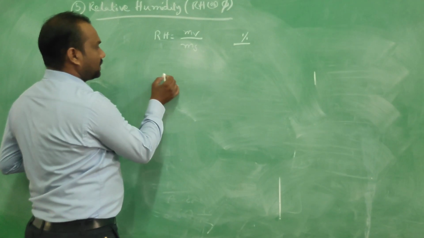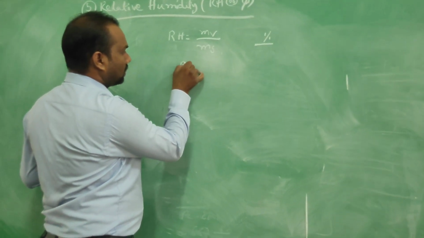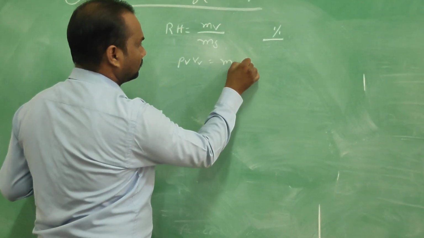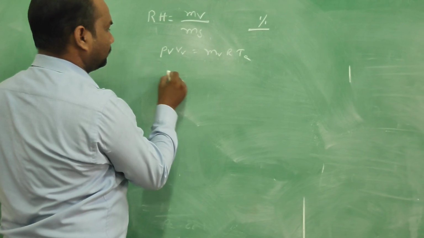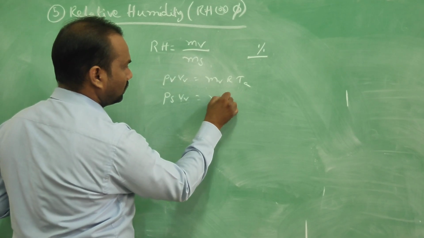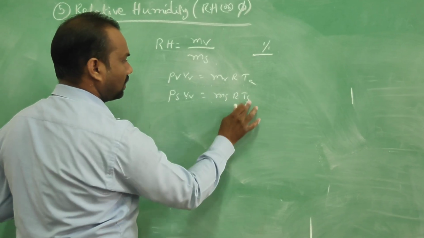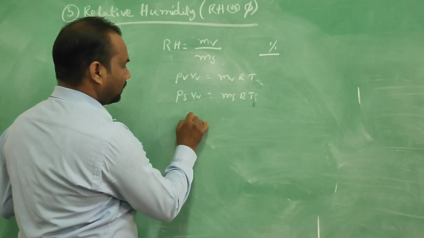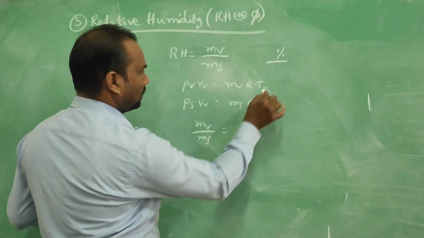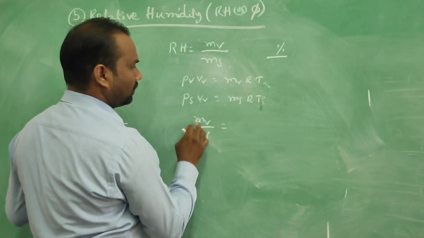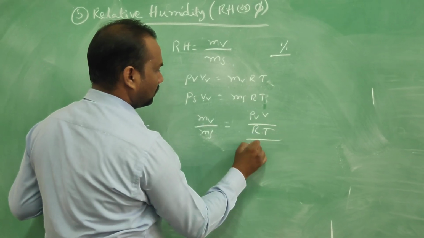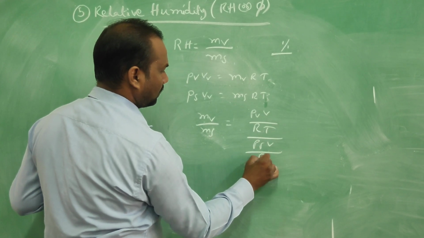So again you need to apply the characteristic gas equation. For water vapor in unsaturated condition, PV V equals M RT, and for saturated air, PSV equals MS RT, right? Then I will write MV by MS. From the above two equations, MV by MS is PV V by RT divided by PSV by RT.